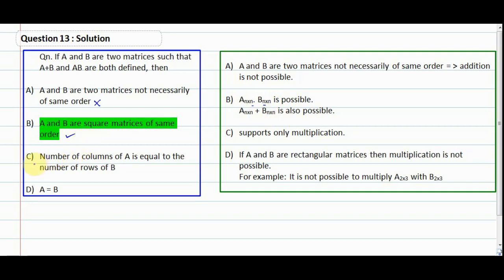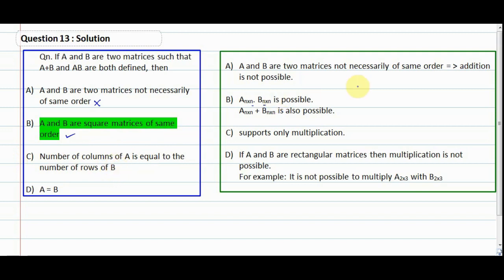Now option C says the number of columns of A is equal to the number of rows of B. This is the condition for multiplication. So this supports multiplication, but it does not support addition.